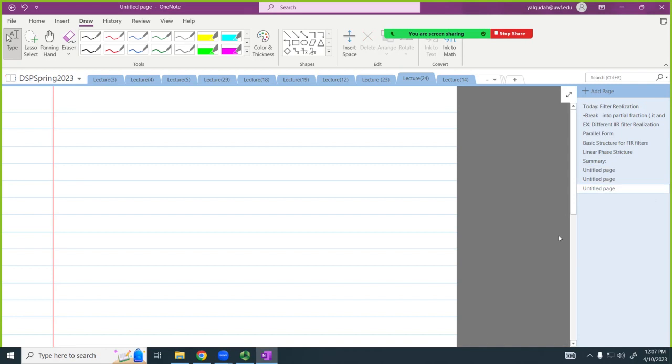What we're going to look at is the effect of quantization in the representation of the coefficients of the filter, the effect of inaccuracy in the representation of the filter.